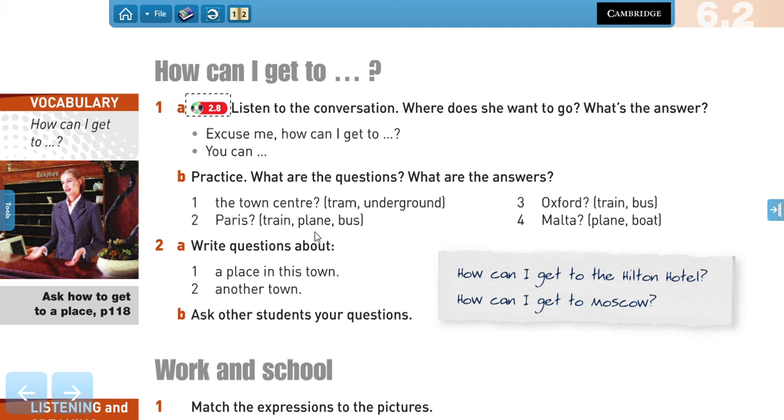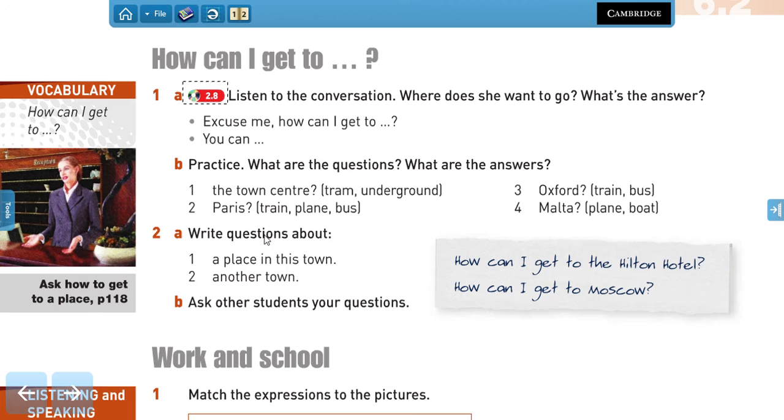Train, plane, or bus. How can I get to Oxford? You can go by train or by bus. How can I get to Malta? You can go by plane or boat. Yes? Very good. Now try to write questions about places in this town and in another town, right?